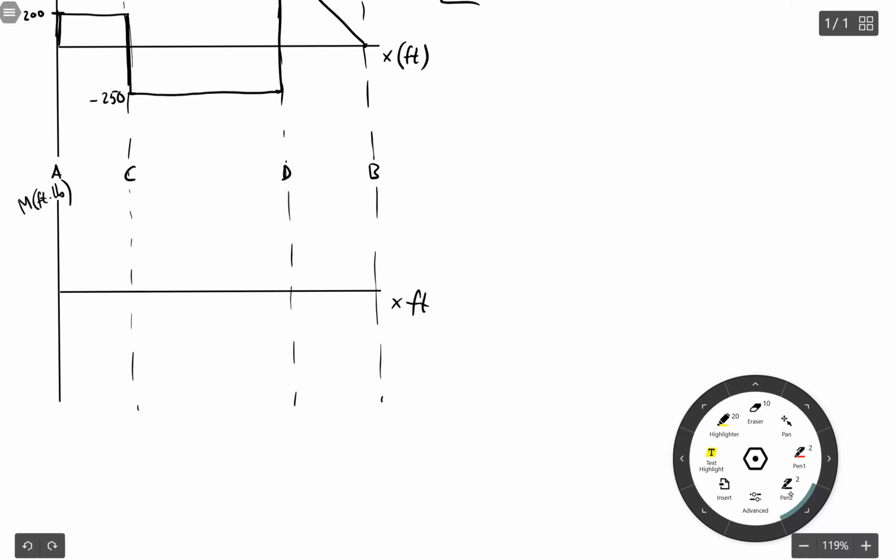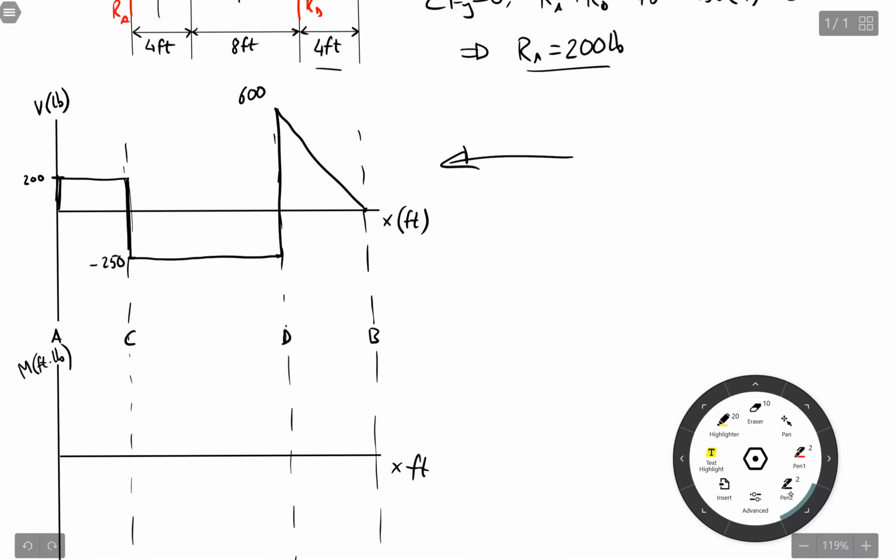The area under our shear curve: we've got a distance from A to C of 4 feet, from C to D of 8 feet, and from D to B of another 4. This area here is going to be 200 times 4, so that area would be 800, yeah?